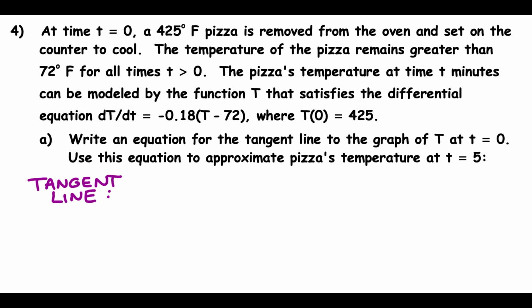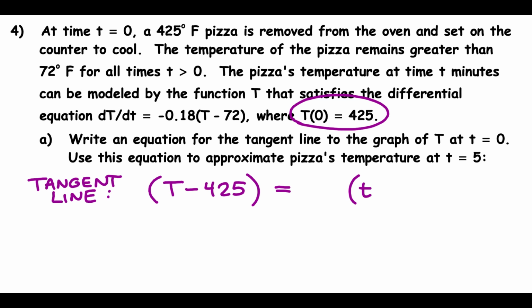All right, we're going to take this point, which is really the point 0 comma 425, and put it in the point slope form. So it's going to be T minus 425, capital T for temperature. We'll use lowercase t for time. I wish they were different letters, but they're not. I can't control that, so not a big deal.